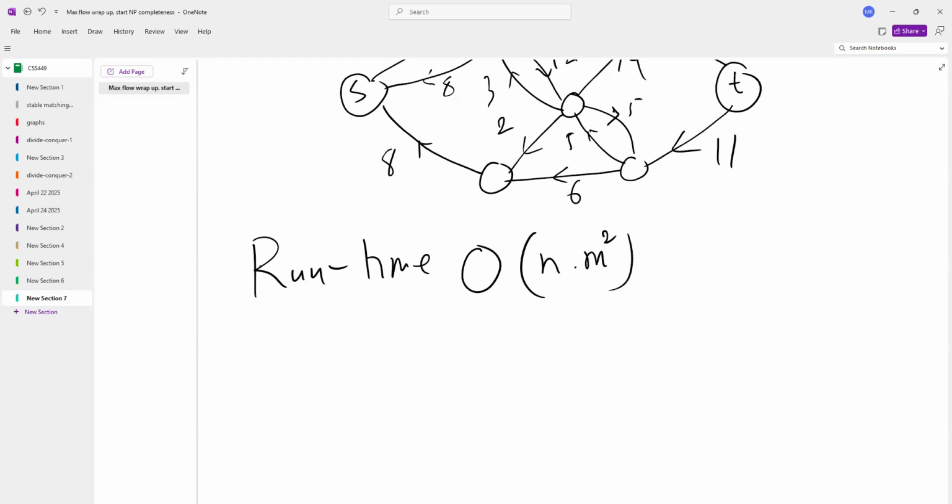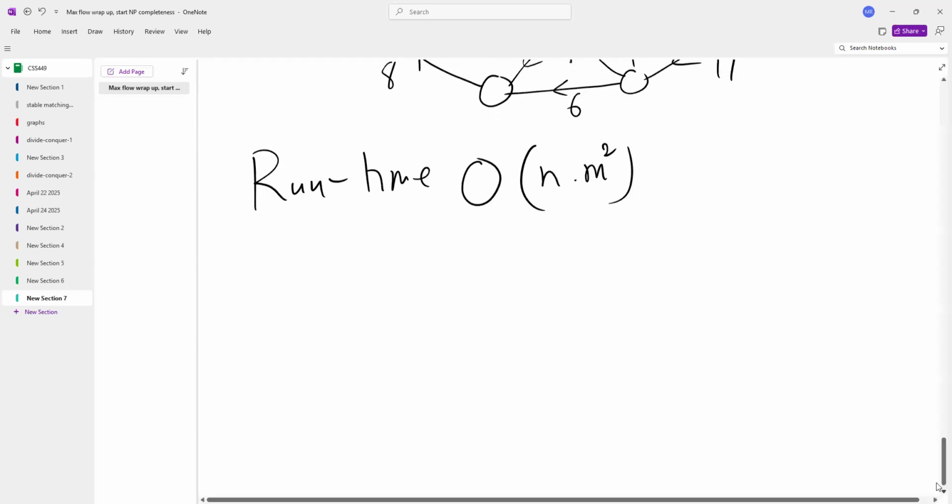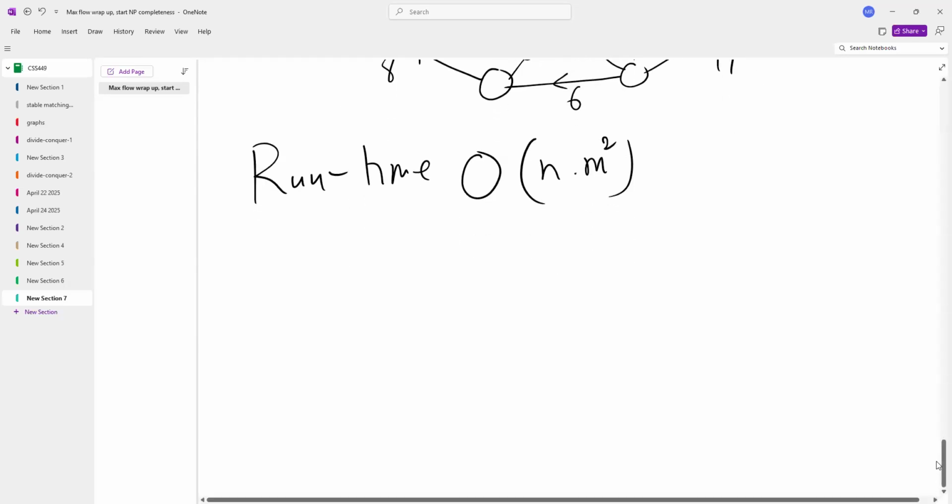We just proved by picture that it looks like it's increasing, but there is a formal way of proving it, and it's a bit involved, which is why I'm not going to go through it. But if you're interested, please look at the textbook; you'll find it. But I won't quiz you on that proof. That would be a very torturous final exam question. Okay. Now this is your final algorithm that you can use for max flow.